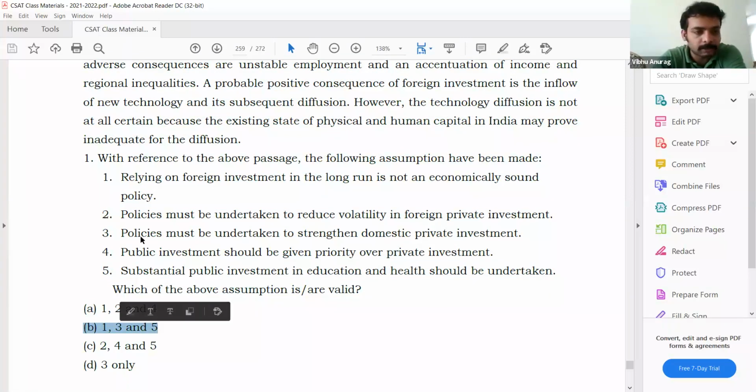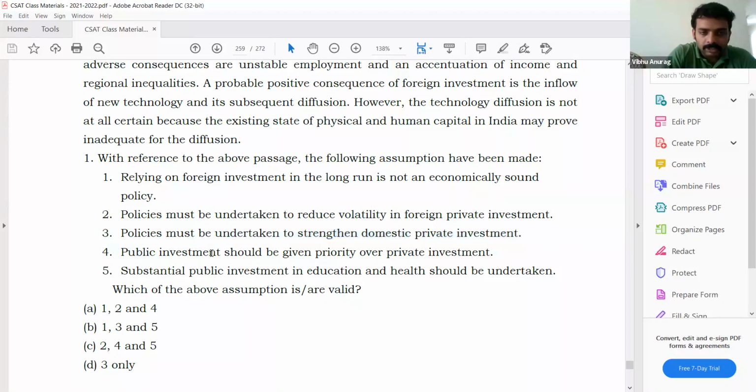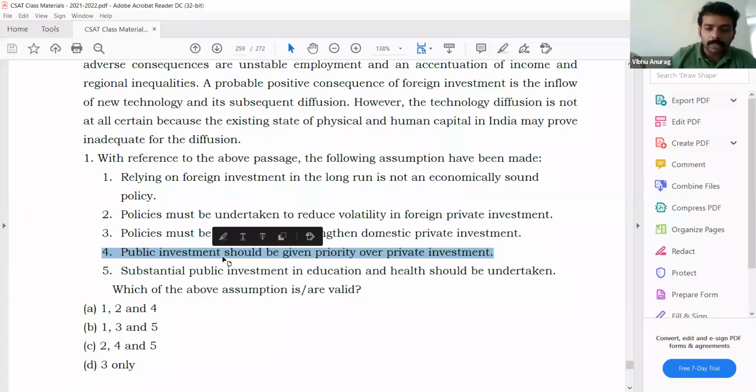But let's check the statements. 3 says policies must be undertaken to strengthen domestic private investment. Yes, the author believes that because he's saying we should not rely on foreign private investment. So 3 is correct. Then 4, public investment should be given priority over private investment.